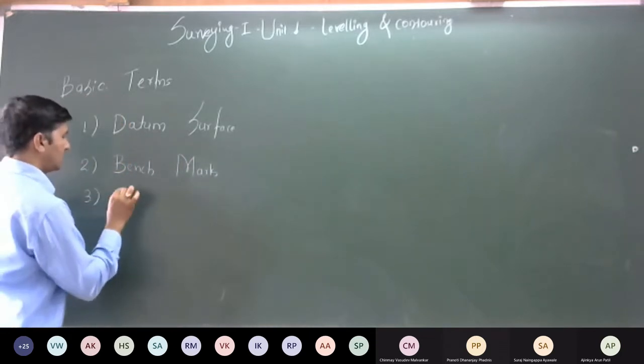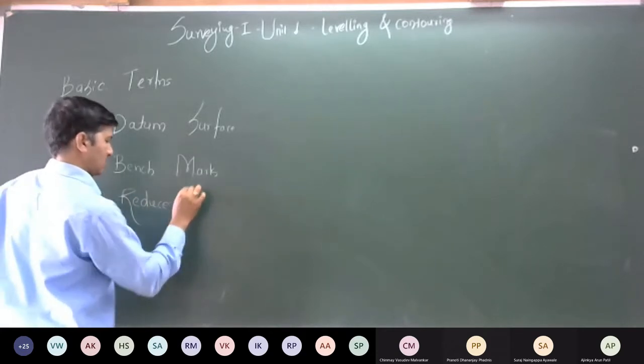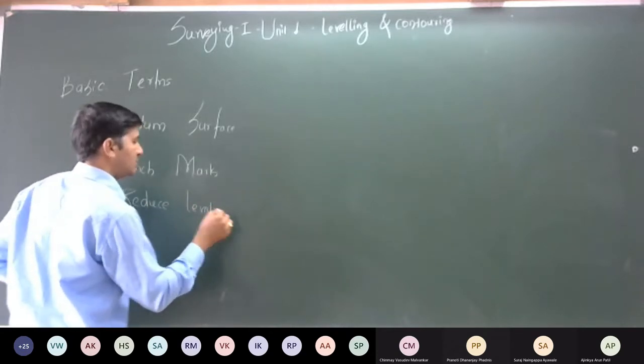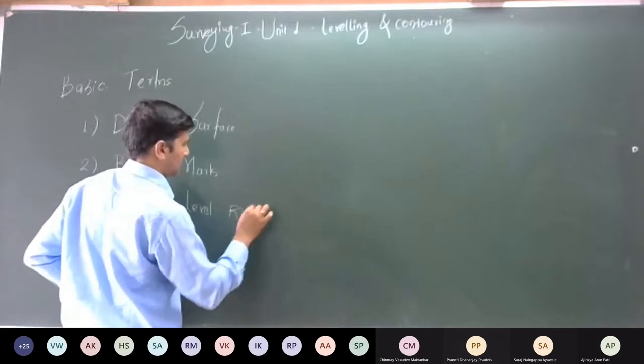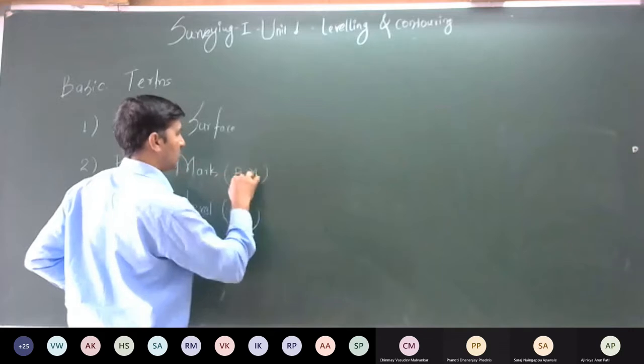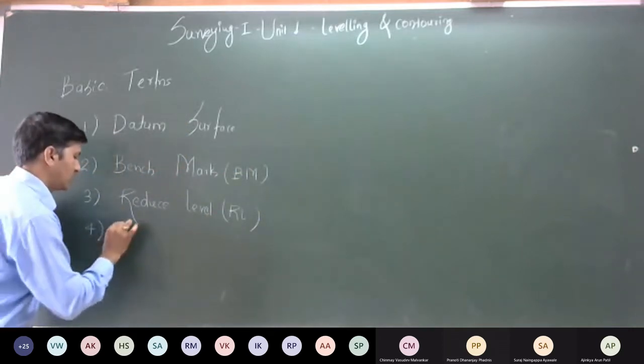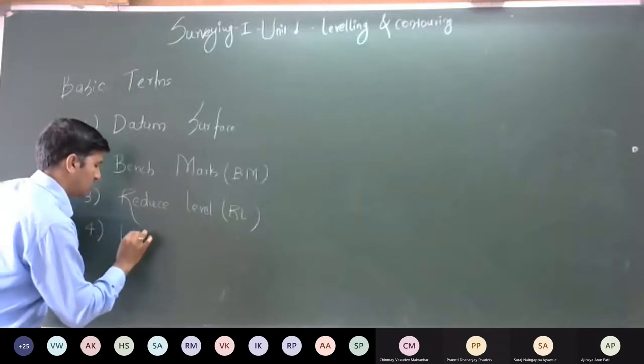Third is reduced level, which is abbreviated as RL. This benchmark is abbreviated as BM. And the fourth important term is line of collimation.